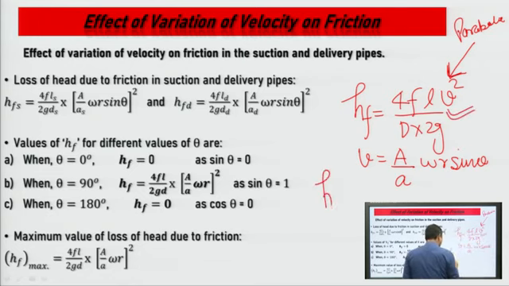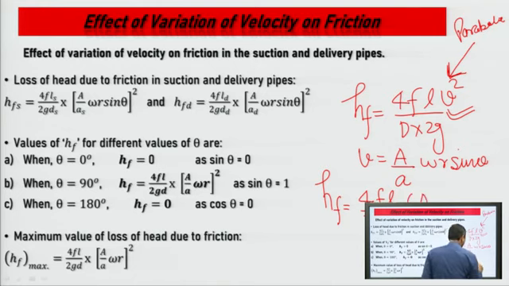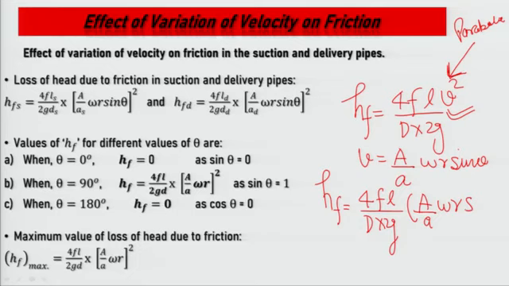So the head loss H_F must be equal to 4f L upon d into 2g, times a upon A omega r sin theta, the whole square.